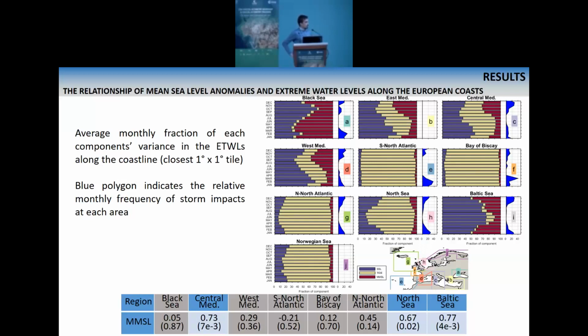In the central Mediterranean, there is a positive correlation. In the North Sea, there is also a significant positive correlation, and also in the Baltic Sea, showing that these specific events, not the average, not the annual cycle, have been influenced by the monthly mean sea level, specifically in the extremes.